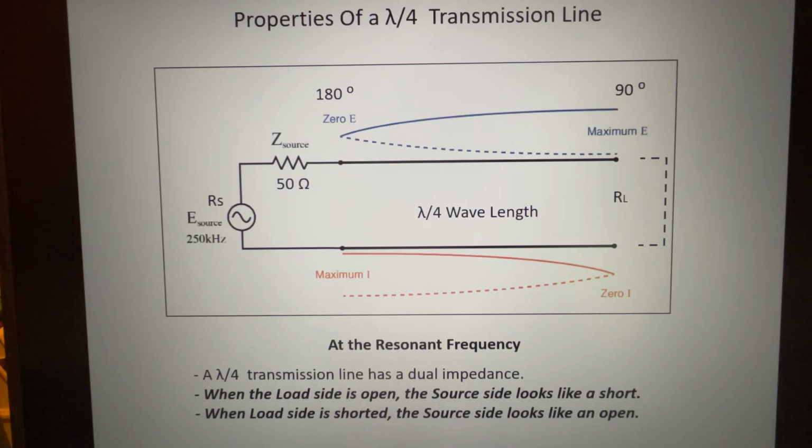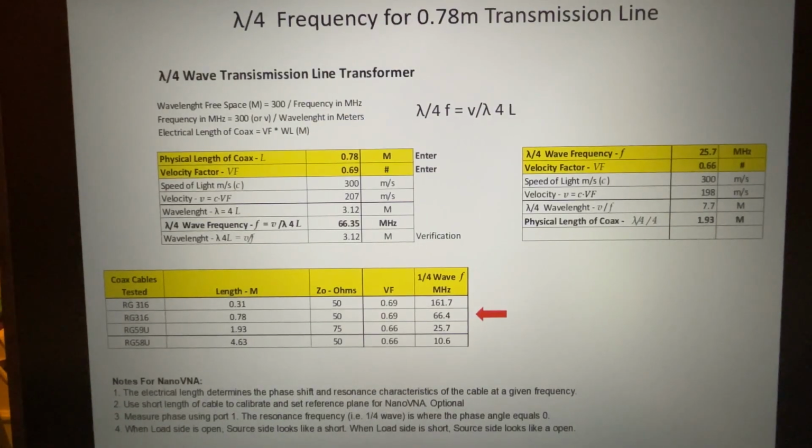Now, I know that sounds confusing, but when we look at it with the NanoVNA, I'll be able to show you exactly what that means. But that is one of the unique properties of a quarter wavelength of transmission line. It has a dual impedance. It can look like an open, or it can look like a short. So we'll see that on the NanoVNA.